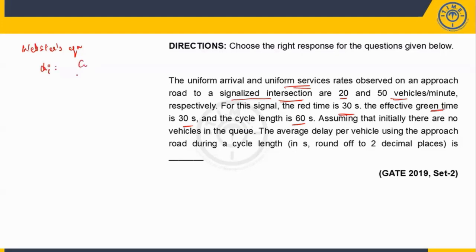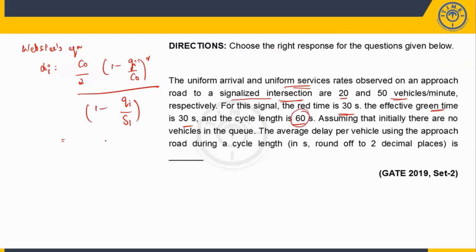It is given by the formula C naught upon 2, 1 minus Zi upon C naught whole square upon 1 minus Qi upon Si. The formula clear? Yes, sir. C naught upon 2, 1 minus Zi upon C naught whole square upon 1 minus Qi upon Si. What is C naught? Total cycle length.